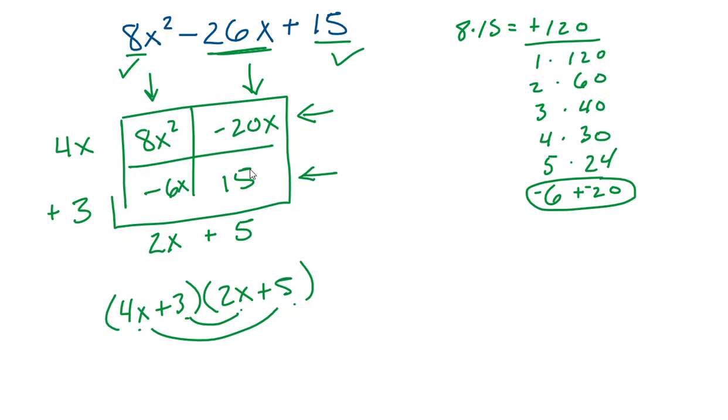We said that there is no common factor of a negative in any of my rows and columns, especially my last row and my last column. But if you think about it, this was a negative factor times a negative factor, which is positive, right? Negative 3 times negative 5 is positive 15. That threw us off.